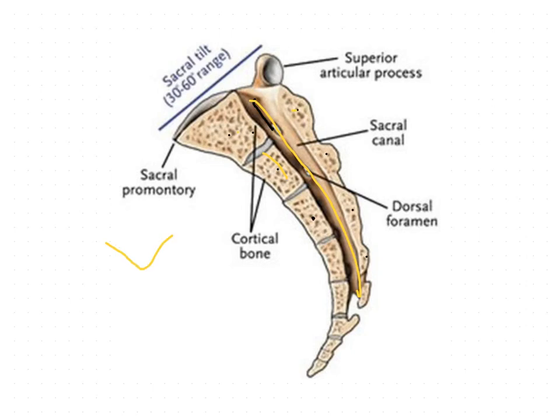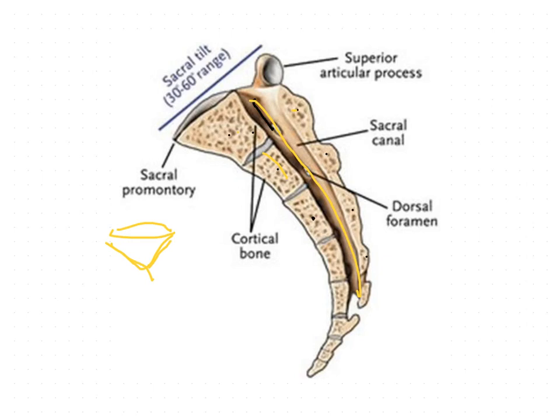So this is the posterior aspect, anterior like this. Anteriorly it is formed by the bodies, and posteriorly by the fused laminae and the spinous processes. Okay, now coming to the lateral wall of the canal, it presents 4 intervertebral foramina.